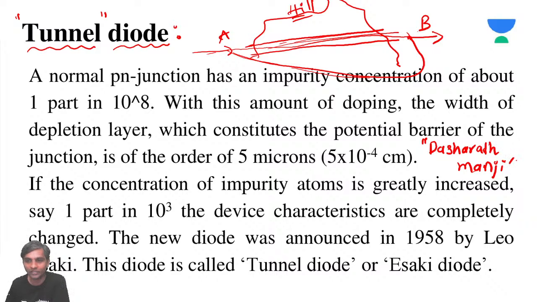You know why I am trying to mention his name here? This is the person, Dasharath Manji. What he did, alone, single-handedly, by working for 20 years, he made a tunnel to go from his village to a hospital.